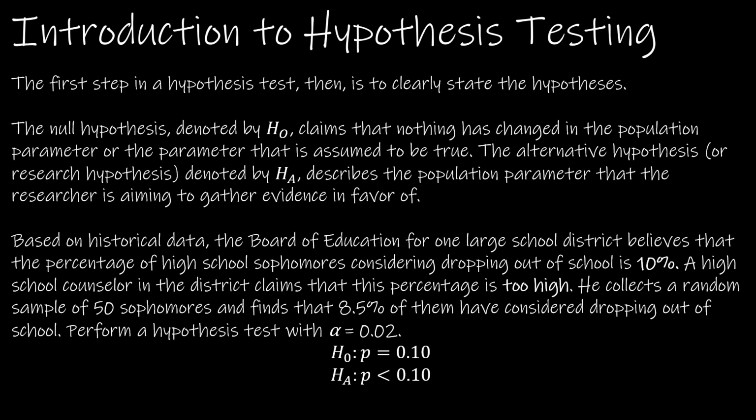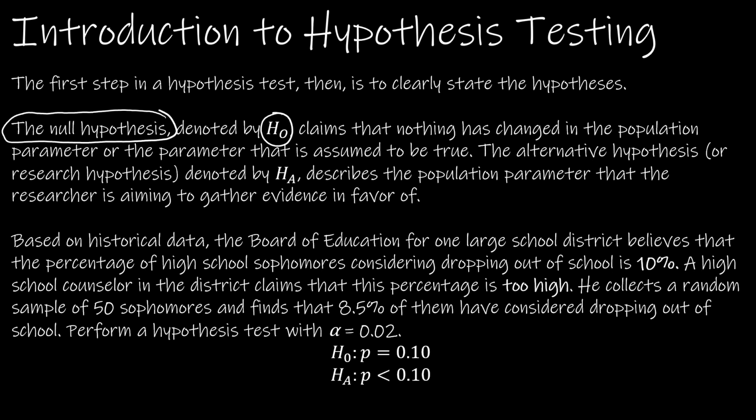So the first step is to state the hypotheses. There are two hypotheses always. The null hypothesis is always the one that we start with, and the null hypothesis, which we use H sub 0 for, null because null means nothing, claims that nothing has changed.